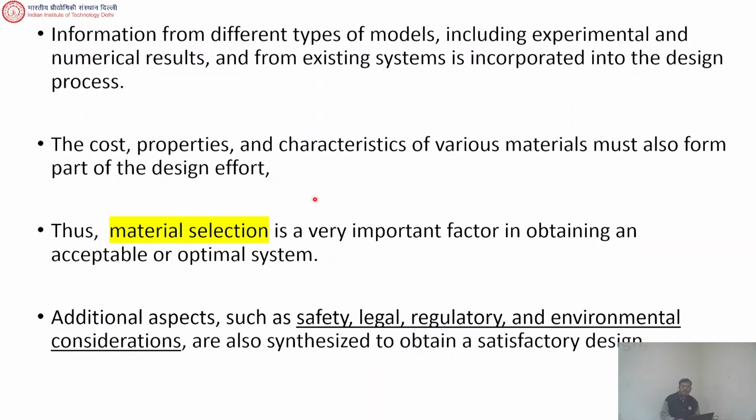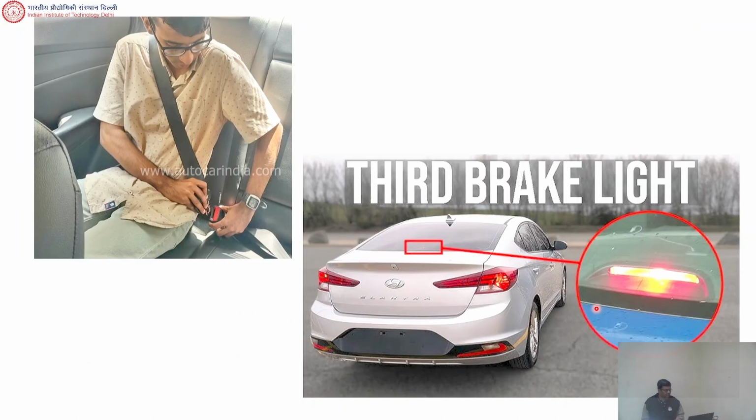And there are other aspects also part of design. It's not just like you as engineers come up with a design and that's it. It cannot be that. There are other aspects, for example, safety aspects, legal aspects, regulatory aspects, environmental considerations. Those are also important. Now, to illustrate this, take a look at this one. This is a seat belt, right?